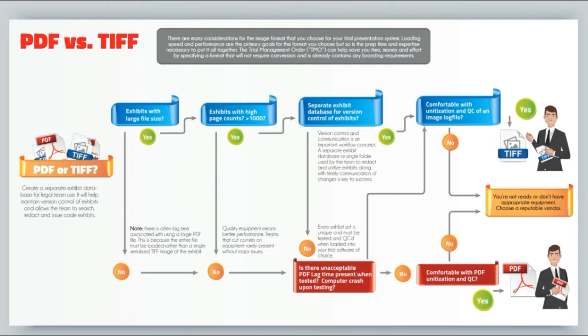You're hearing a lot in this class about version control, aren't you? It's important. Last, PDF unitization is easier than TIFF image log file manipulation, so your technical skill set might guide your decision. And yes, there is a choice for none of the above if you're not ready yet.